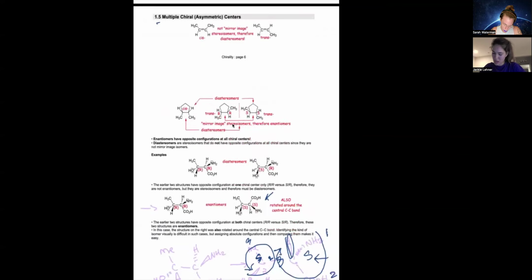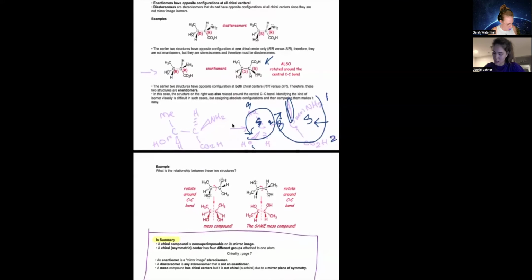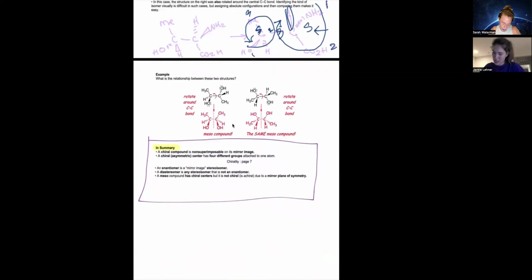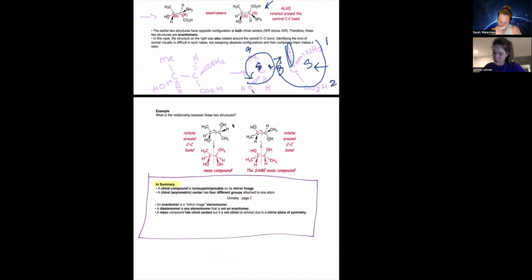You can still have rotation around a single bond in other cases, like in enantiomers, but it's going to be an enantiomer just because all the substituents are different. I think that's what confused me. I didn't understand how you know with rotation around a single bond. You can do that all the time, but the meso compound's special because they all have to be the same, whereas the enantiomer can have different substituents and you can still rotate it and change. I believe.